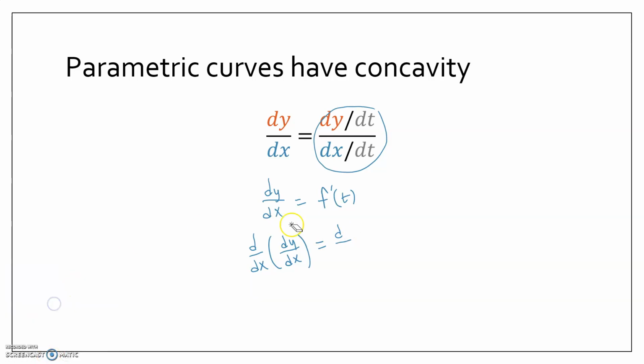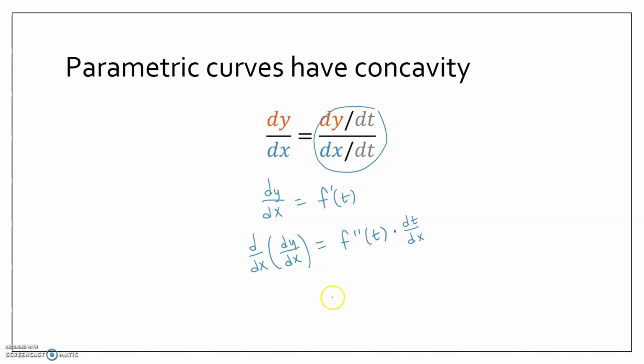So we're going to take the derivative of f, but then we're going to treat t like it's a function of x. So we're going to have dt/dx because we took a derivative with respect to x. But that's weird because we don't like seeing dt/dx.